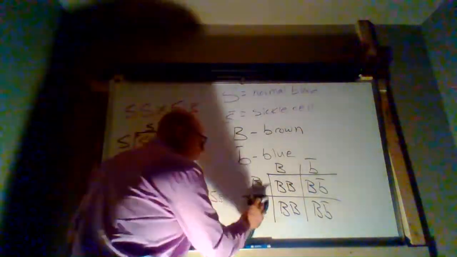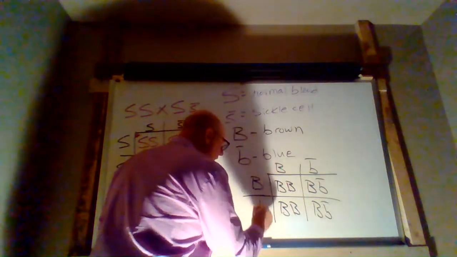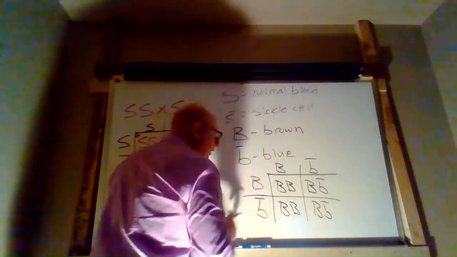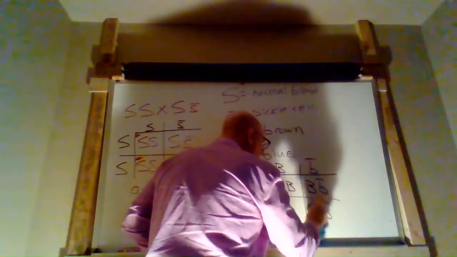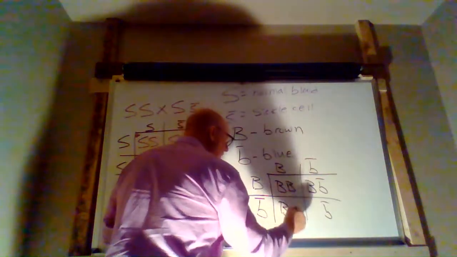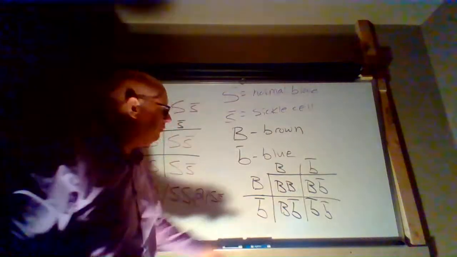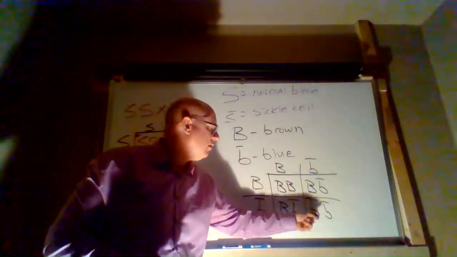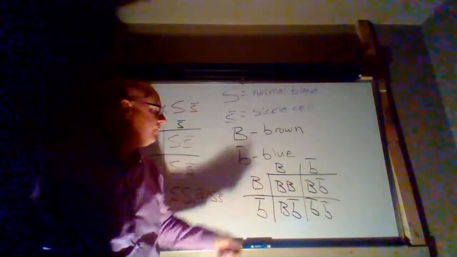So what that means, both parents were heterozygous. That's a lowercase b. The only thing that's going to change is those two alleles right there. Big B, little b. Now that we've got two little b's here, both recessive traits, there's our blue eye color.